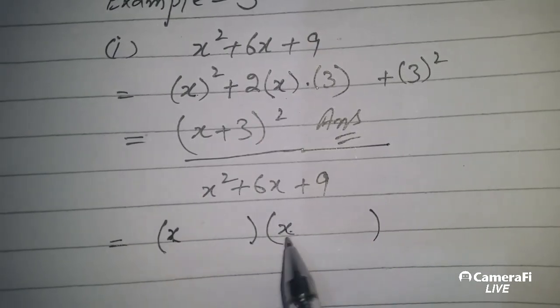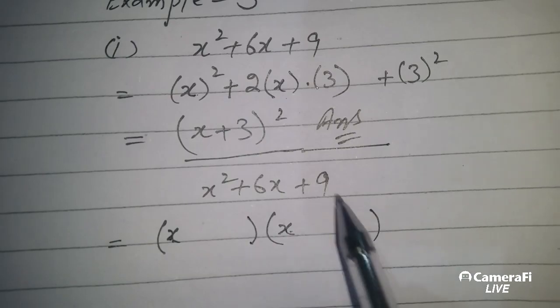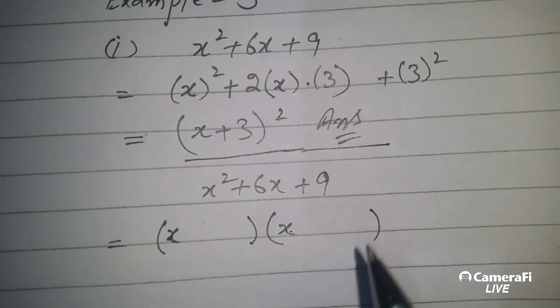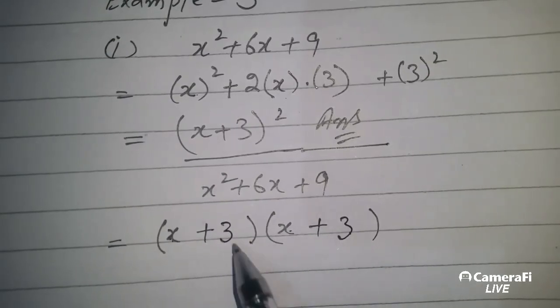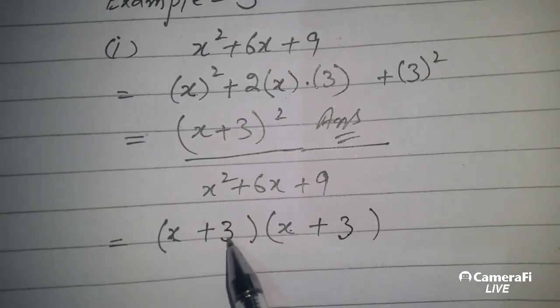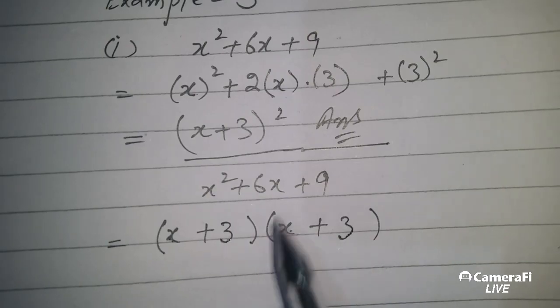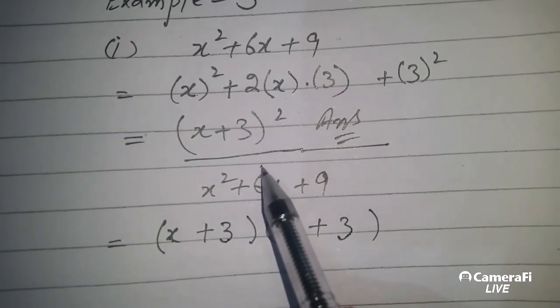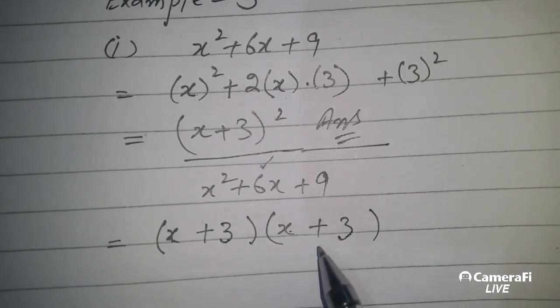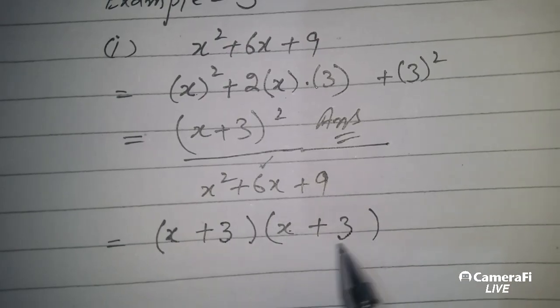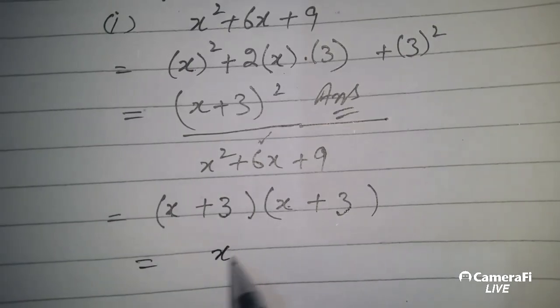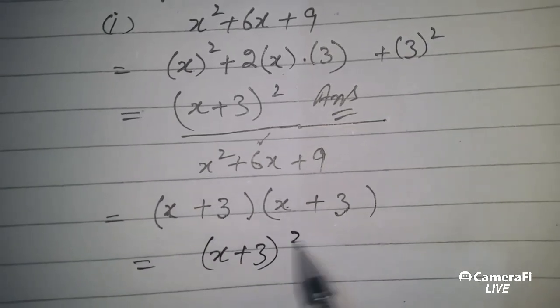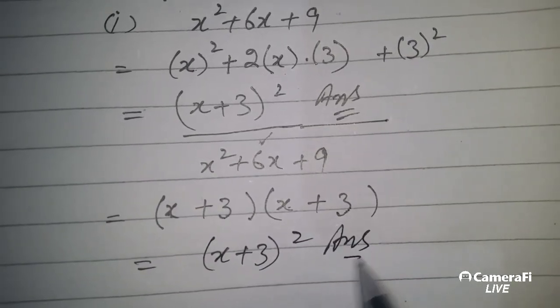When we multiply these two terms, we get x square. 9 is 3 times 3, so 3 is put here and 3 is put here. 3 3s are 9, and when we add these two terms, 3 plus 3 is 6. So 6 is also what we get, and when we multiply these two terms we get 9 as well. So this is another way of solving the same question.